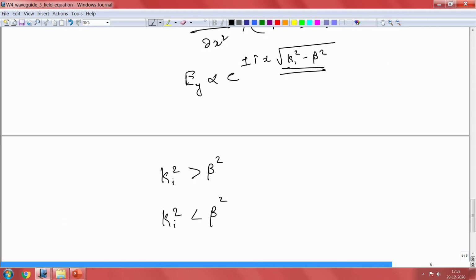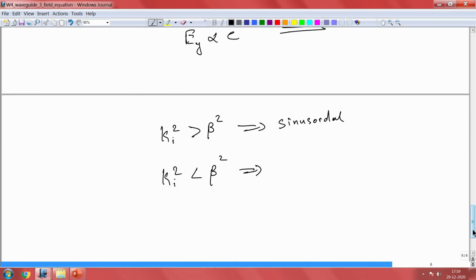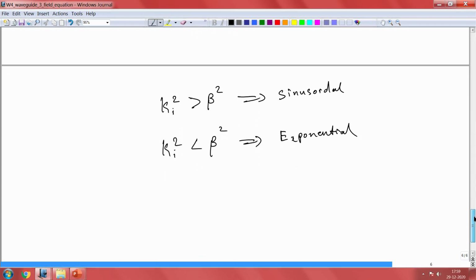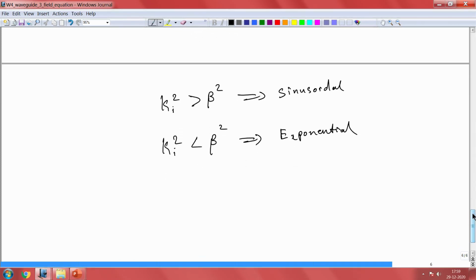When Ki squared is greater than beta squared, this will result in the sinusoidal solution, and if Ki squared is less than beta squared, this will result in an exponential result. All right. So if a mode, or a solution, needs to be propagated through a waveguide, we call it a guided mode.